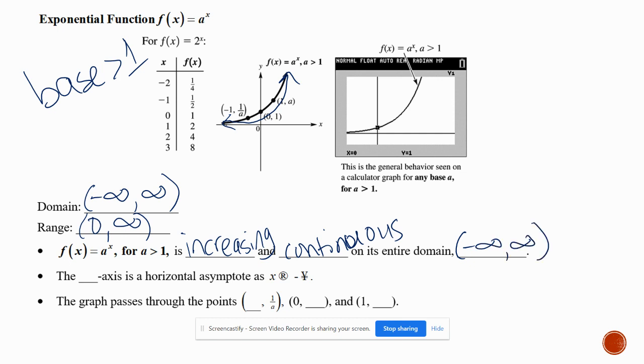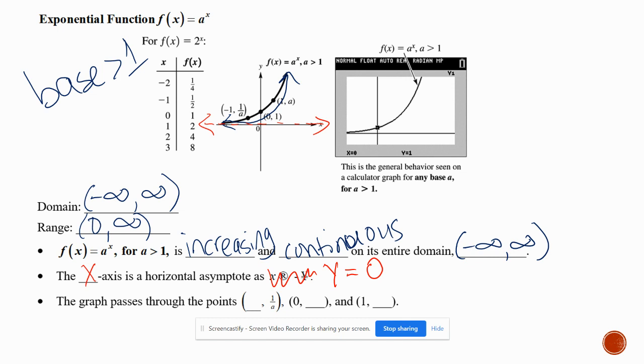We have an asymptote. Remember, asymptotes are those lines that our graph comes super close to, but never touches or crosses. And for an exponential function, it is the x-axis, and that is y is equal to 0. So our asymptotes always have an equation, and for exponential functions, it's y is equal to 0.